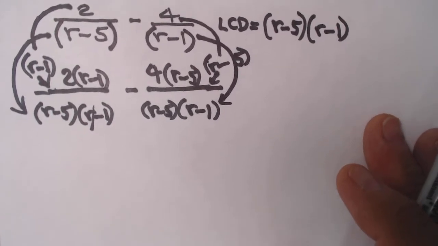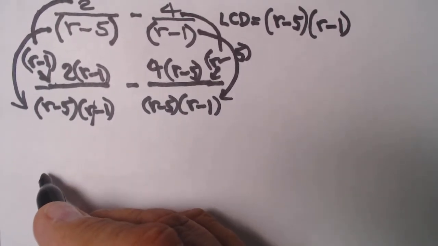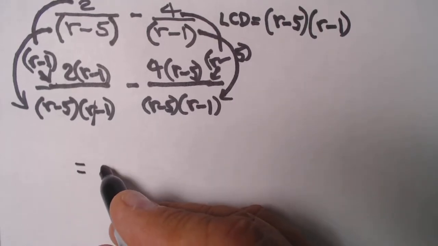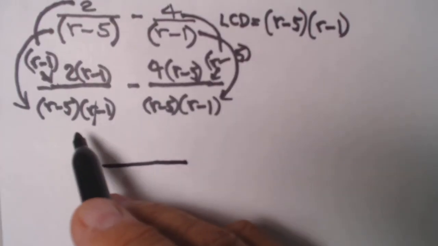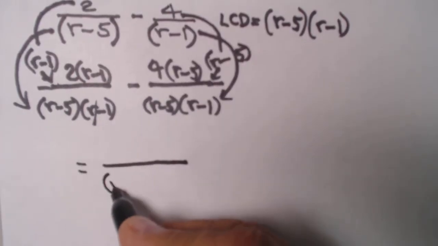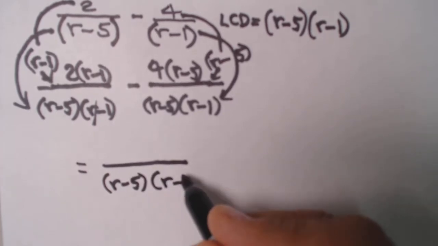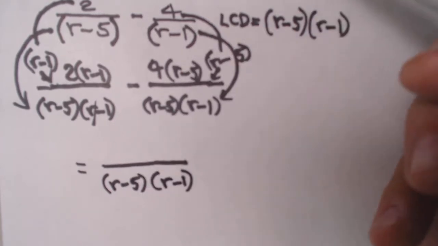Okay, well now, since we've done that, we want to come up with our final answer here. The common denominator for both of these is r minus 5 times r minus 1. What do we have for the top?